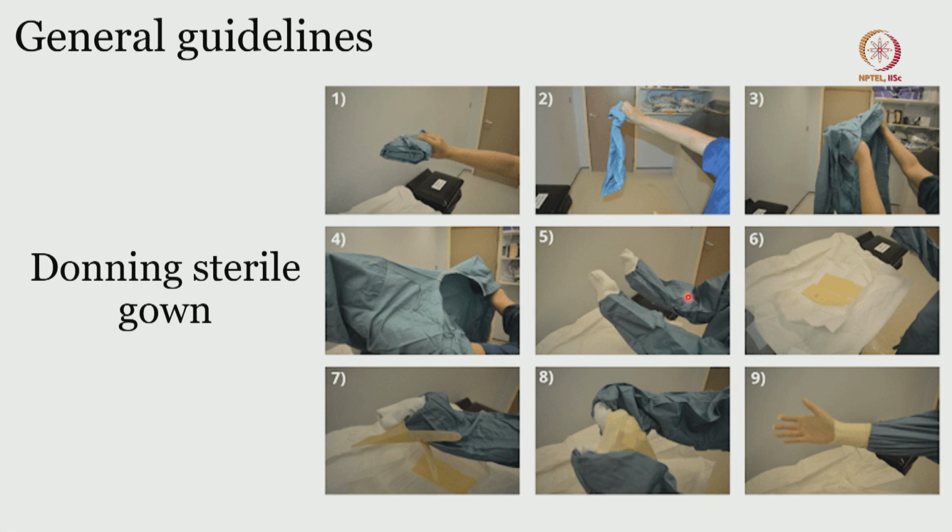One difference in different practices is that maybe you can avoid bringing your hand out of the sleeves completely and use it to handle the gloves, because gloves are the most sterile part of the entire personal protective equipment or the sterile dresses.